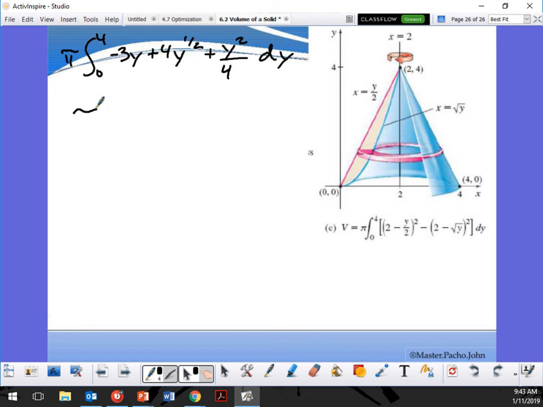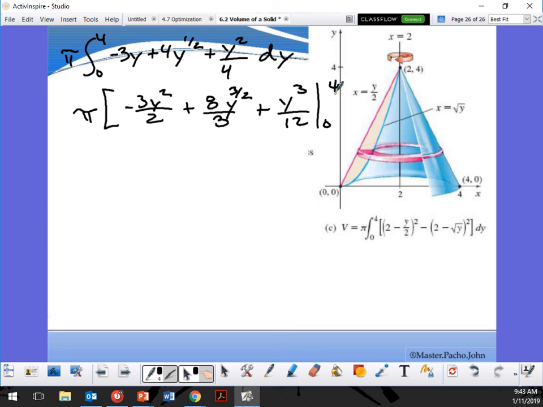So it's going to be pi times the bracket negative 3y squared over 2 plus 8 over 3 y to the 3 halves plus y cubed over 12, from 0 to 4.